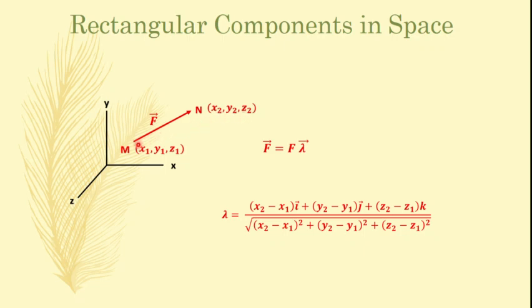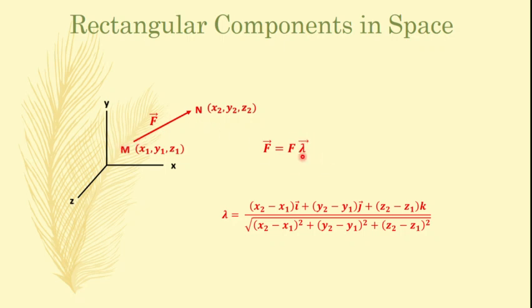Here you can see the force acts from M point to N point, that is why the arrowhead is towards N point. Then we can represent this force vector F as the magnitude of the force multiplied with the unit vector which acts along this M to N direction.